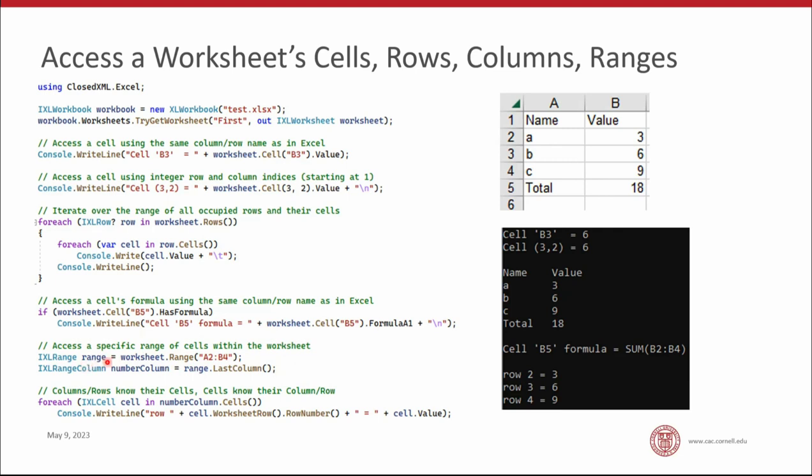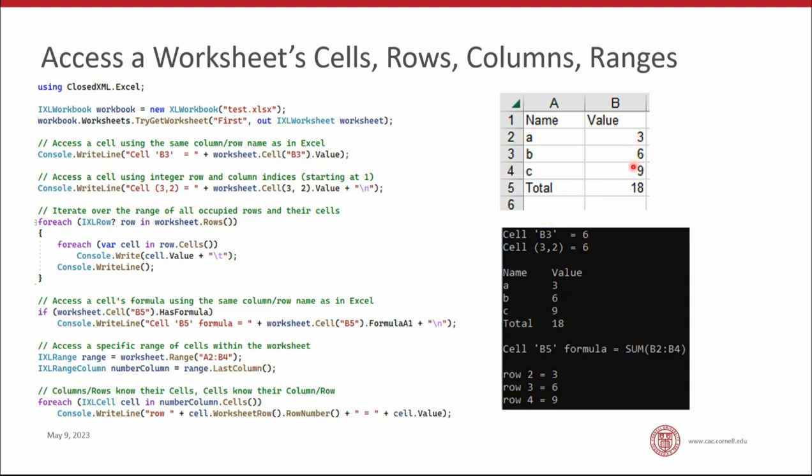Here's another way you can iterate over some cells, and I just want to see if I can step through this. So I asked for a specific range of cells in the worksheet from A2 to B4. This is just the rows here that have the actual data, not the header, not the totaling thing. And then I can find out from that range some things like the first column, the last column, first row, last row. I could do iterating over it, but here I'm asking for the last column.